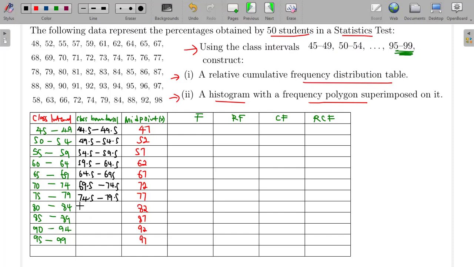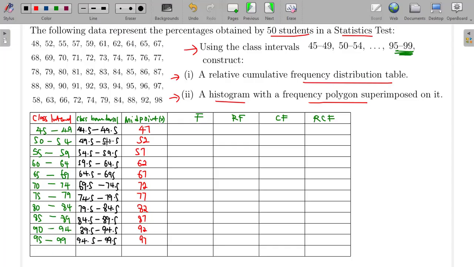Okay, and then from there I get 79.5 all the way to 84.5. Then here I'm going to get 84.5 all the way to 89.5. Here it will be 89.5 all the way to 94.5. And the last one will be 94.5 all the way to 99.5.